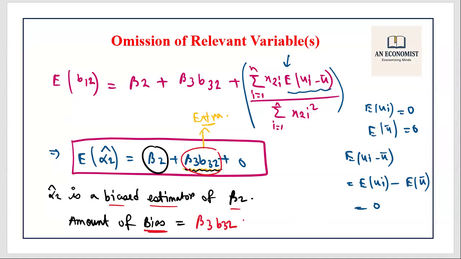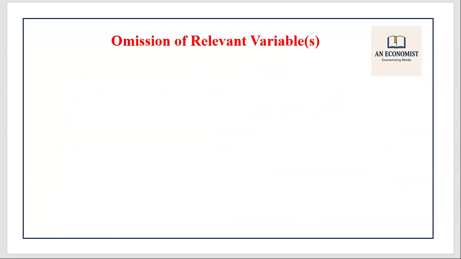Now we have said that if the correlation between x2 and x3 is 0, that is, they are not correlated, then what will happen? That is what we need to show here. Alpha 2 cap will be unbiased for beta 2 only if the bias becomes 0.